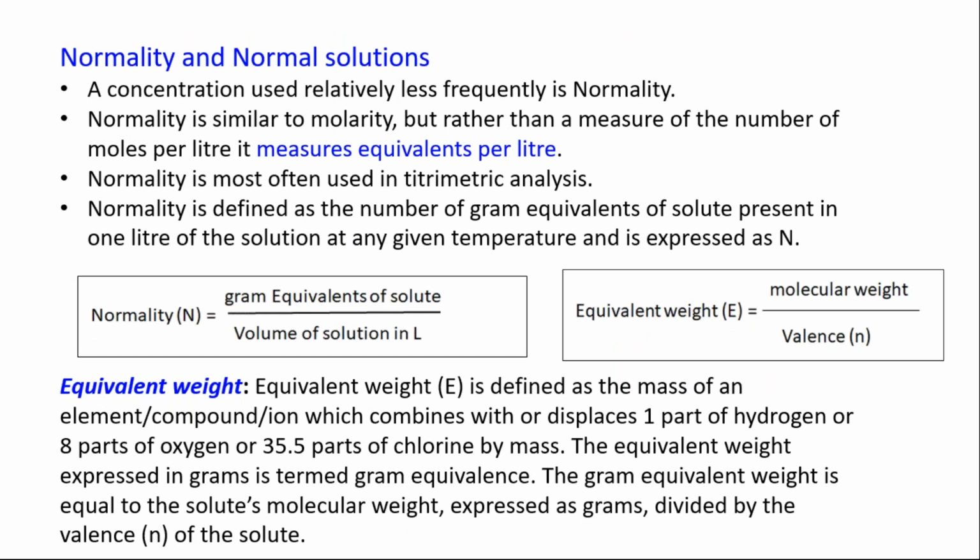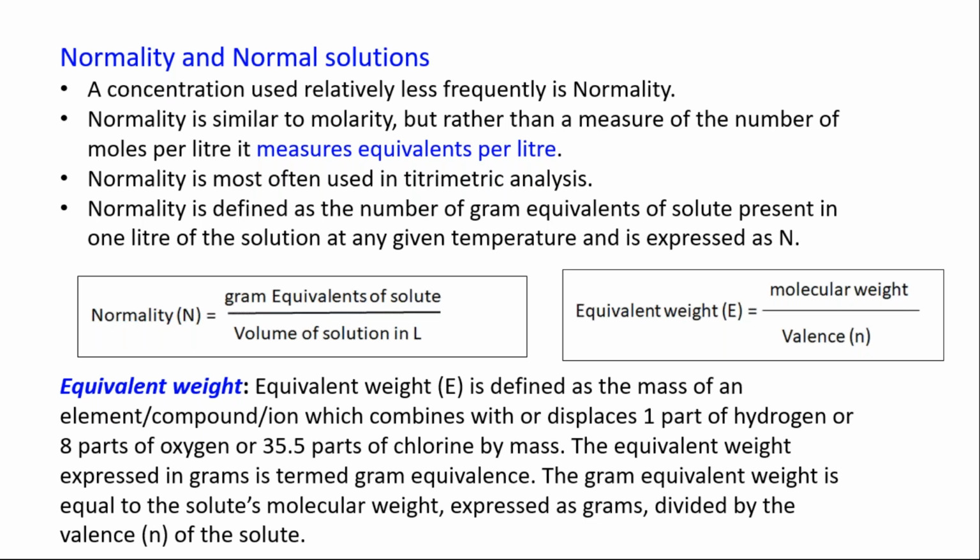Coming to the next topic, normality and normal solutions. What is the difference between normality and molarity? Normality is the number of equivalents of the solute per liter of the solution, whereas molarity is the number of moles per liter. Most of the normal solutions are used in titrimetric analysis.